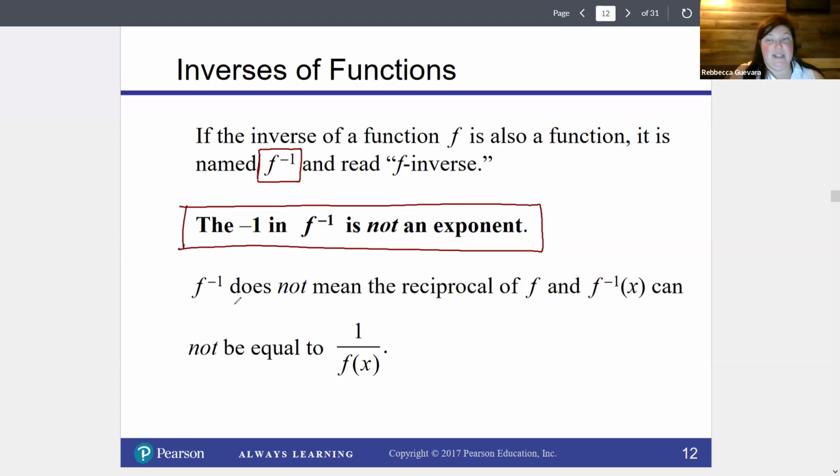It's not a reciprocal. f to the -1 does not mean a reciprocal of f, and f to the -1 cannot be equal to 1 over f of x. Like I said, this only means inverse of f. That is all it means. We can't try to make it into some new function using reciprocals.